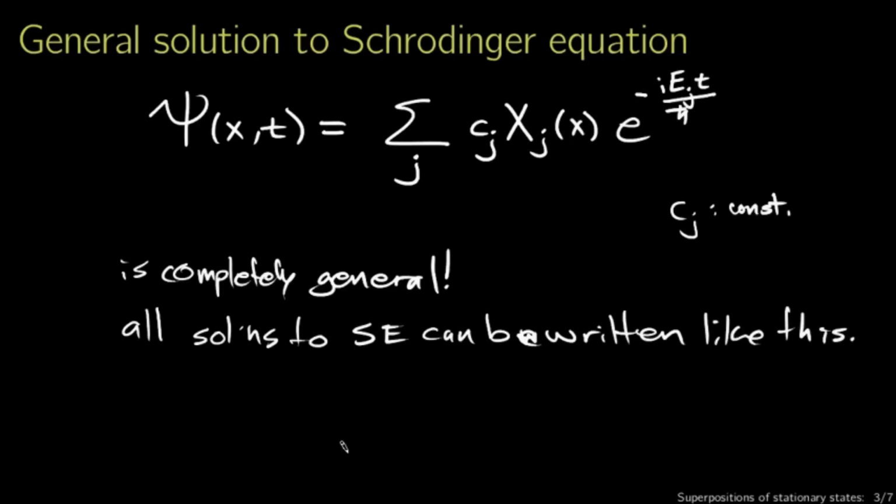That's a remarkable fact, and it's certainly not guaranteed. You can't just write down any old partial differential equation, apply separation of variables, and expect the solutions that you get to be completely general and superposable to make any solution you could possibly want.